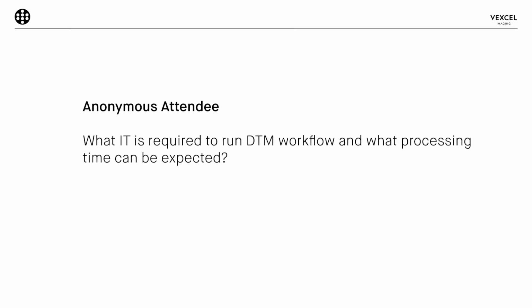Great. What IT is required to run the DTM workflow, and what processing time can be expected? And linked to that, what is the recommended number of CPUs to process a 3D map of a dense urban area like Manhattan? Maybe that's an answer you can combine. Okay, regarding the hardware, we support processing with Intel CPUs.